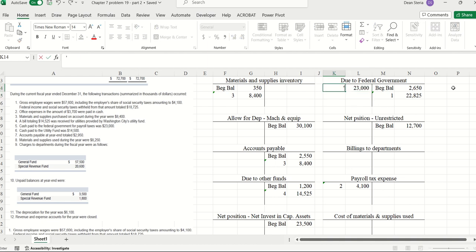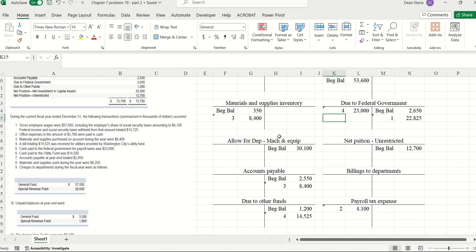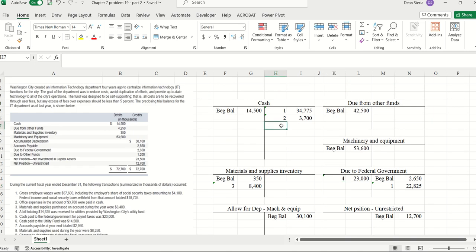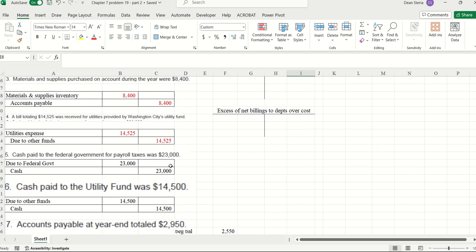And that is 4. And then we're going to go to cash, which is 4, and we're going to take 23,000 out. Okay. Again, let's go down and mark them off.